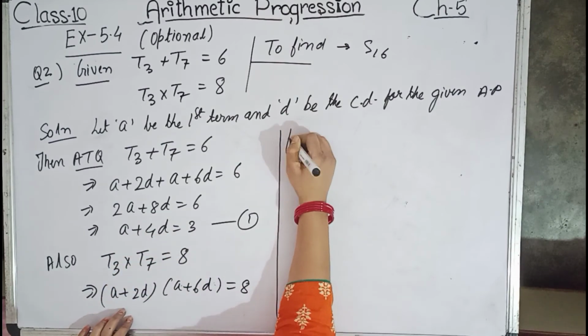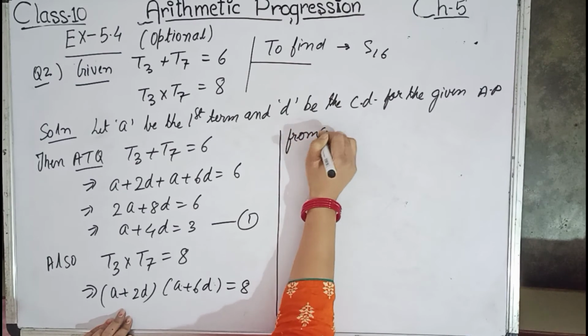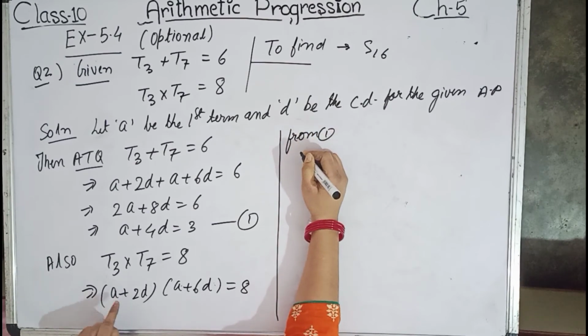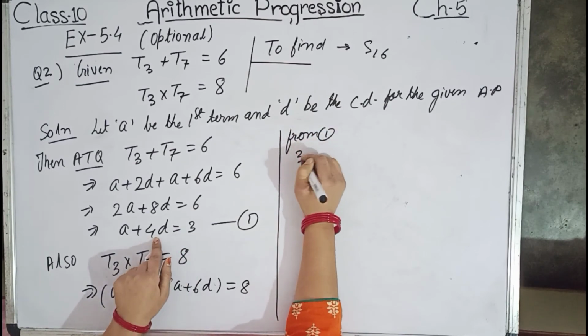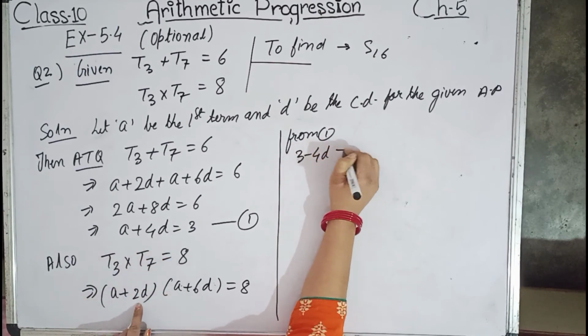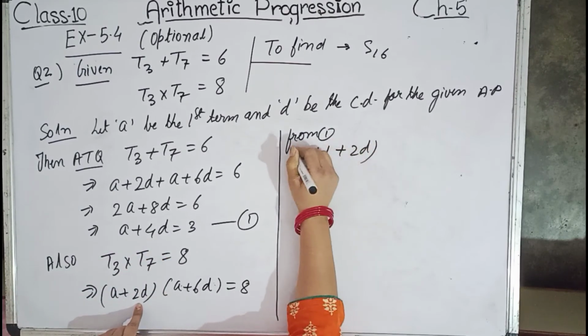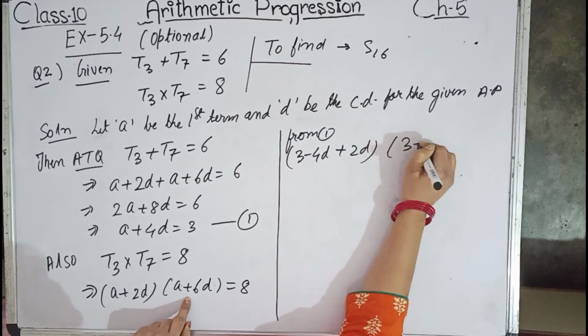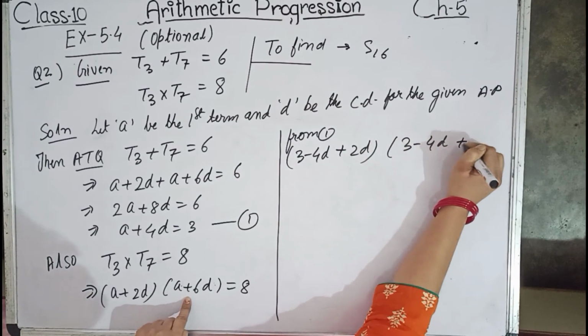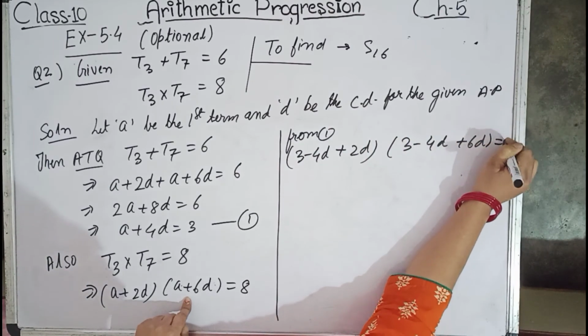So from 1, in place of A, I am writing 3 minus 4D.